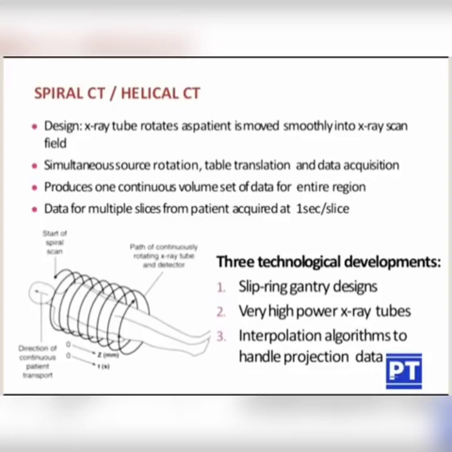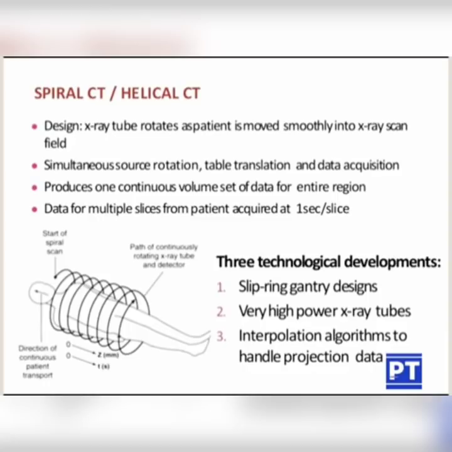The helical CT or spiral CT design is that the X-ray tube rotates as the patient is moved smoothly into the X-ray scan field. Simultaneously, source rotation, table translation and data acquisition are happening. It produces one continuous volume set of data for the entire region. Data for multiple slices from the patient is acquired at 1 second per slice.